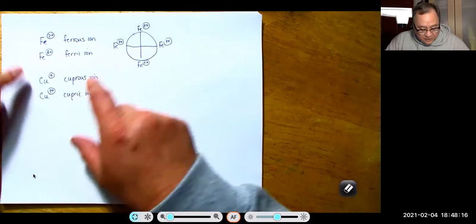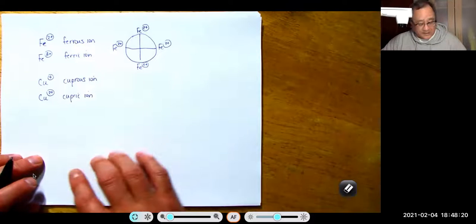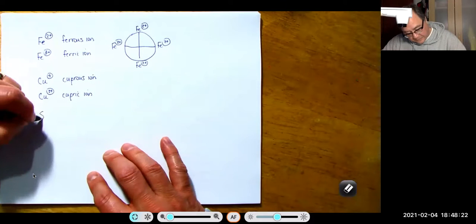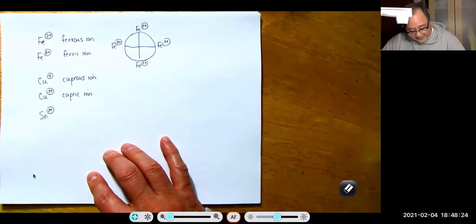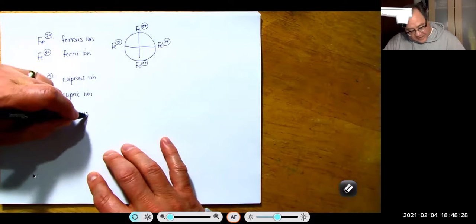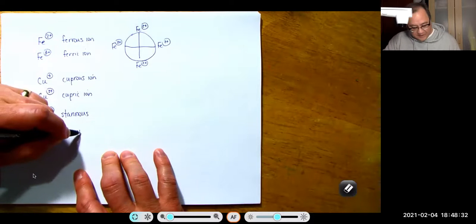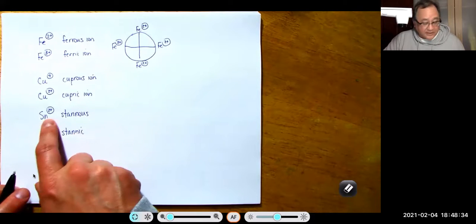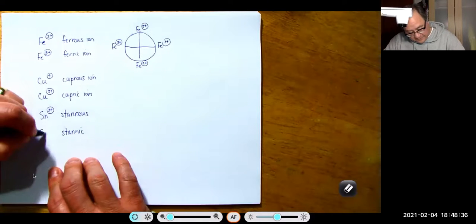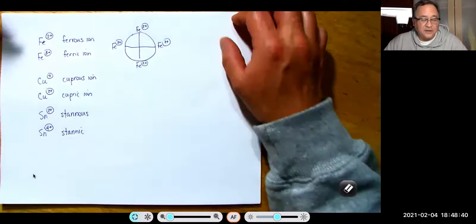And then you look at this and you go, oh, well, if you know the -ous, you can figure out the -ic because they differ by 1. And that's not the case. There's stannous, and then there's stannic. And so you might think, okay, -ic is +3. And it's not, it's +4.